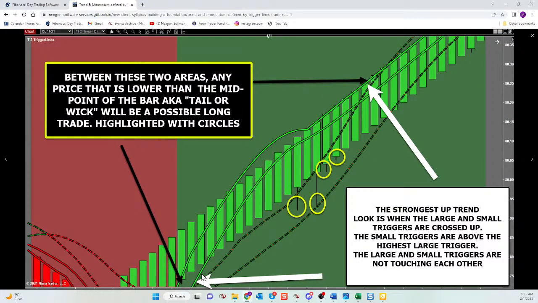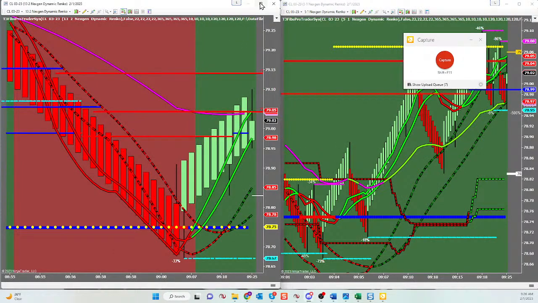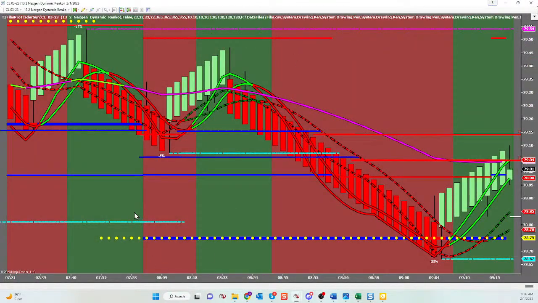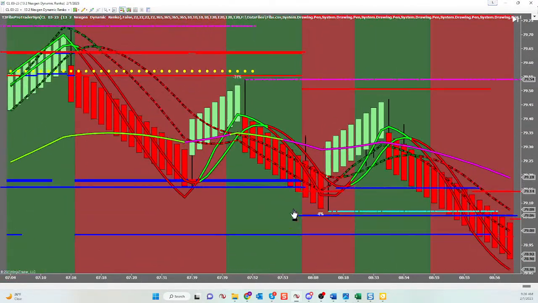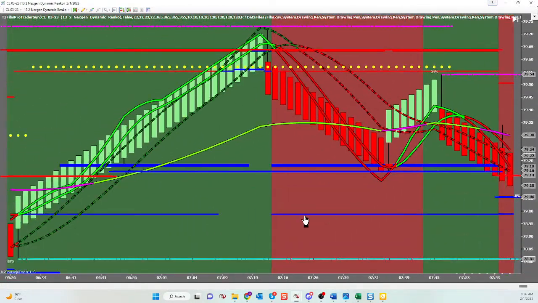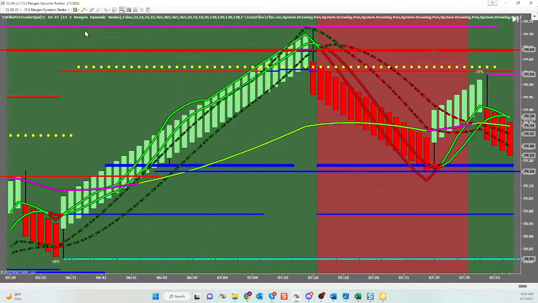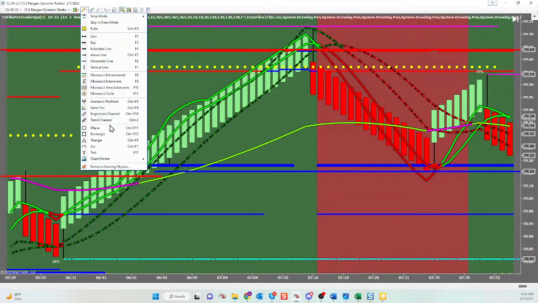So if we scroll through our 13-2 chart, the smalls have separated from the large. We're going to begin looking for these wicks or these tails and just circling them because these are potential entries on your 5-1 chart. So if I were to bring up, this is crude oil, I could scroll back and I could look for those opportunities with odds favorable momentum.